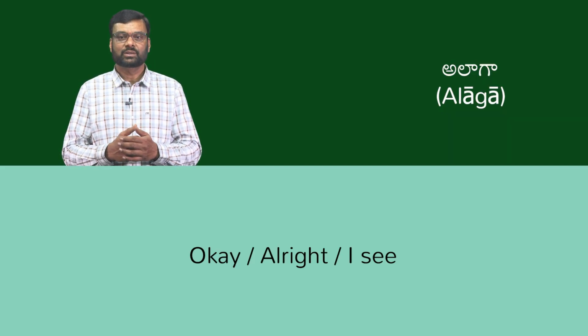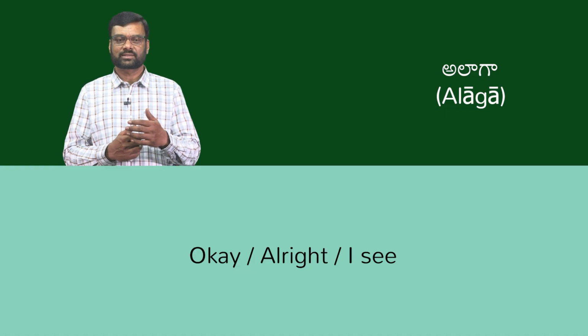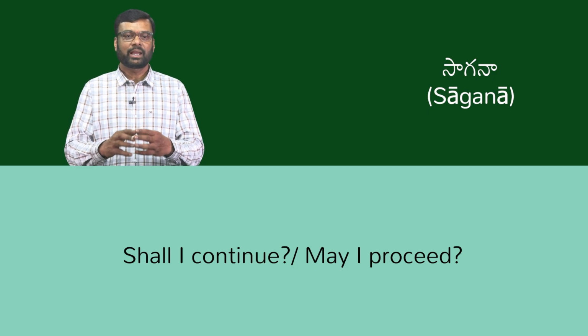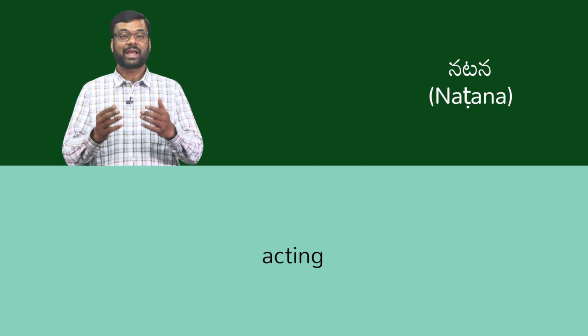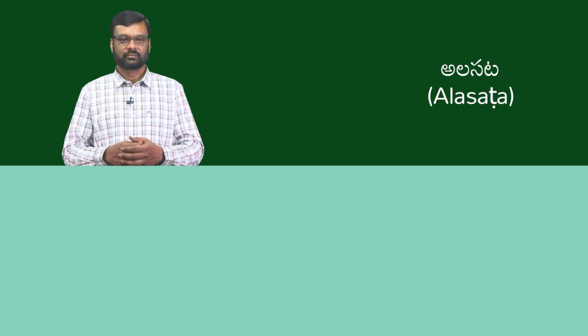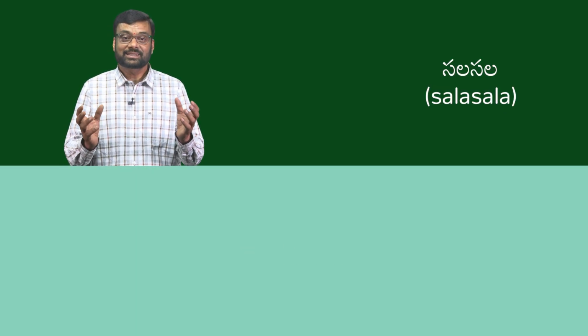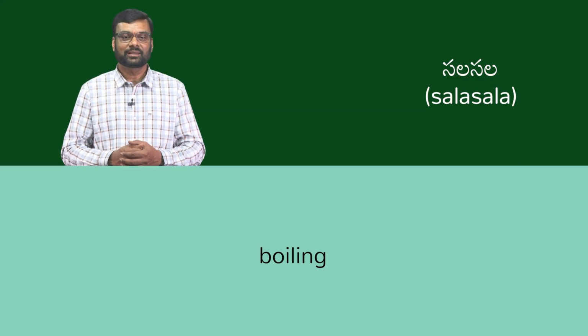Alaga, which means okay or alright or I see. Sagana, which means shall I continue or may I proceed? Natana, which means acting. Alasata, which means tiredness. Salasala, which means boiling.